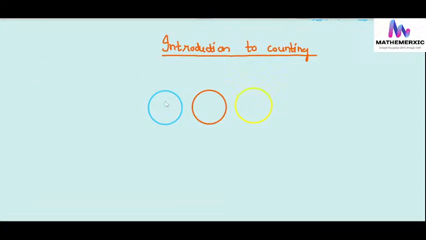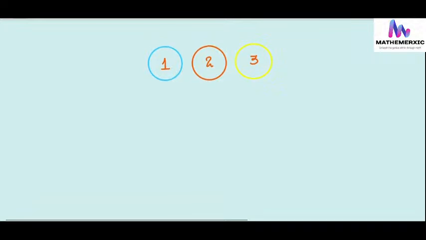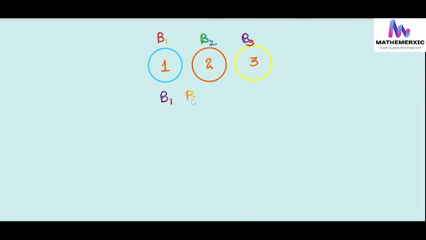In how many ways? Let us say this is the first ball, second ball, and the third ball. So here, this can be ball one, ball two, and ball three. So we can write ball one, ball two, ball three as one of the ways.